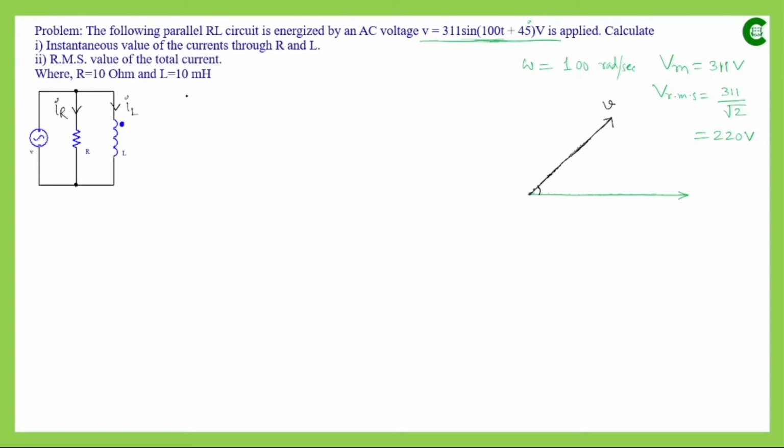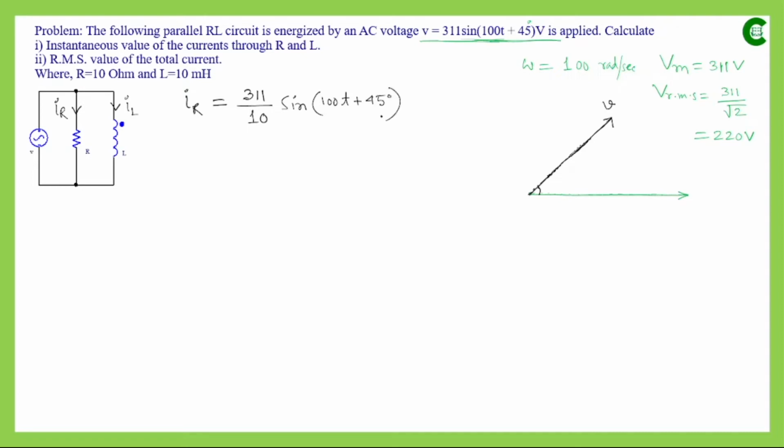So next we will calculate IR first, and IR will be the peak value of the current, that is the peak value of the voltage, which is given as 311, divided by R, and the R value is 10 ohm. So it is 311 by 10. And next will be the expression of the sine. So it will be sine of 100t plus 45 degree.